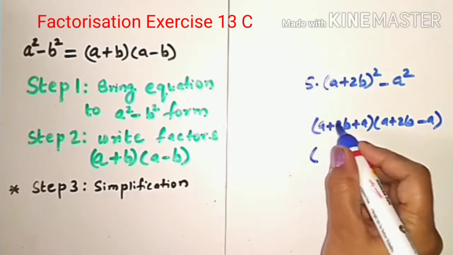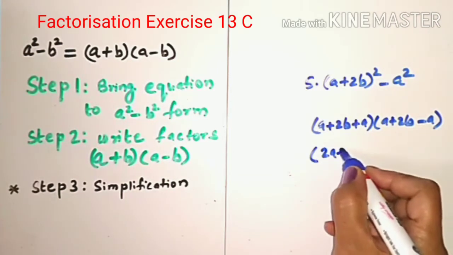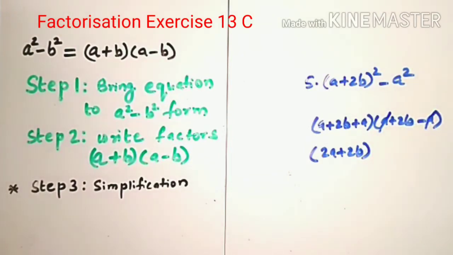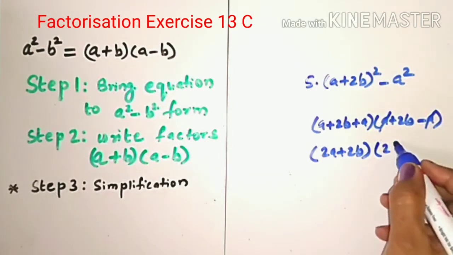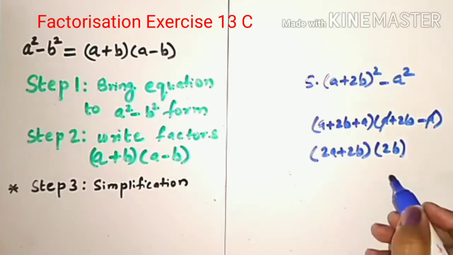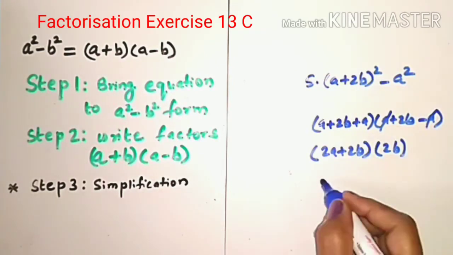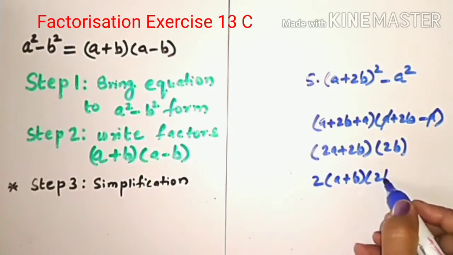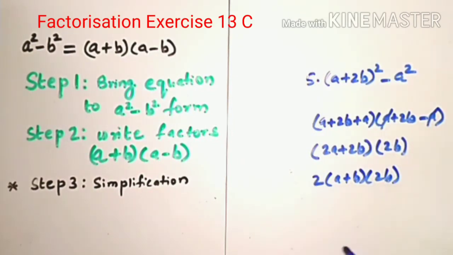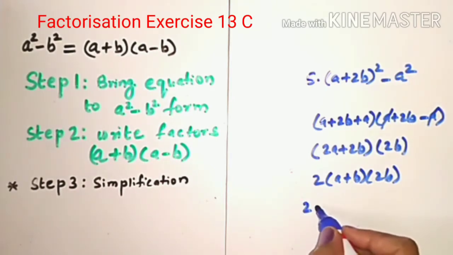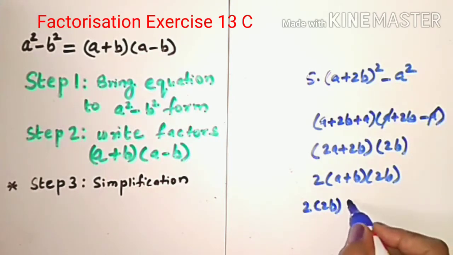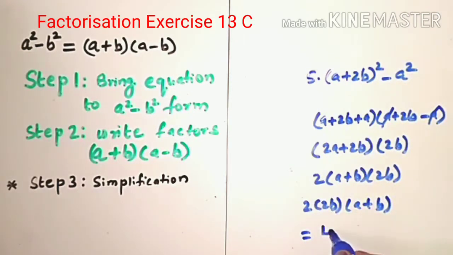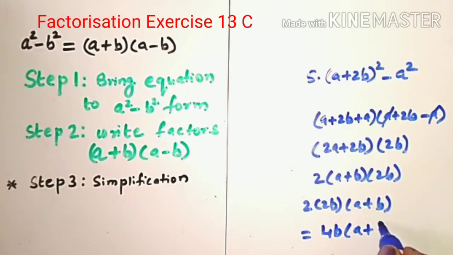We will add these two and write 2a plus 2b, and here a and minus a get cancelled, so we have 2b in the second bracket. As 2 can be taken out common, so 2(a plus b), 2b. We will write this in front. It will become 2b times 2(a plus b), which is 4b(a plus b).